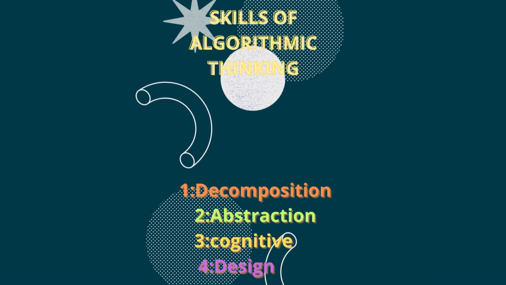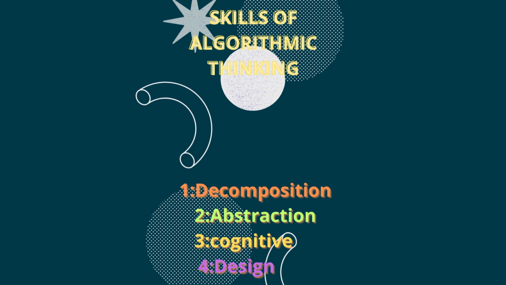In the second axis, we discuss algorithmic thinking skills. As mentioned in the project, there are 4 skills. Maybe there can be more than 4, but I chose 4. The first one is decomposition.